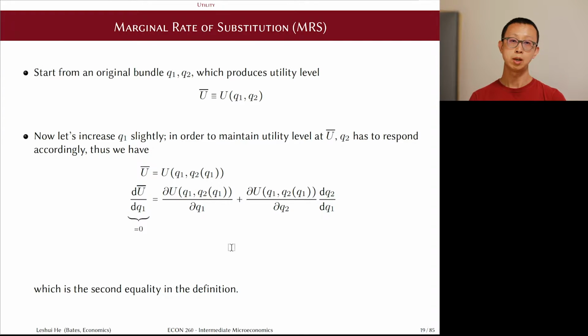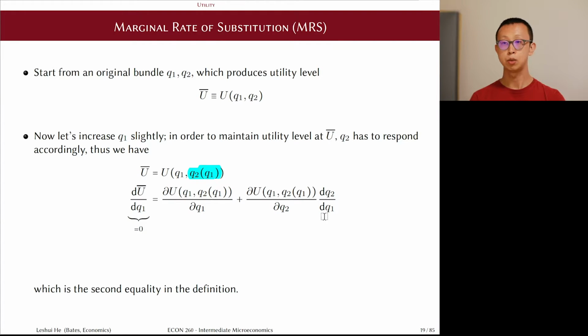However, Q1 in this scenario also changes the utility function through a second channel, and that is by the change of Q2. The reason it's going through this channel is because we're deliberately allowing it to, so that by giving this consumer a certain amount of good 1, we're taking away a corresponding amount of good 2.